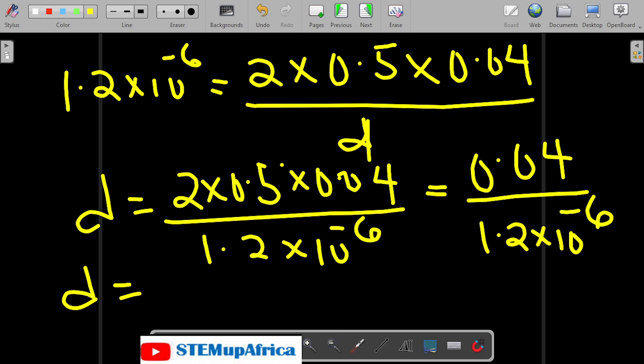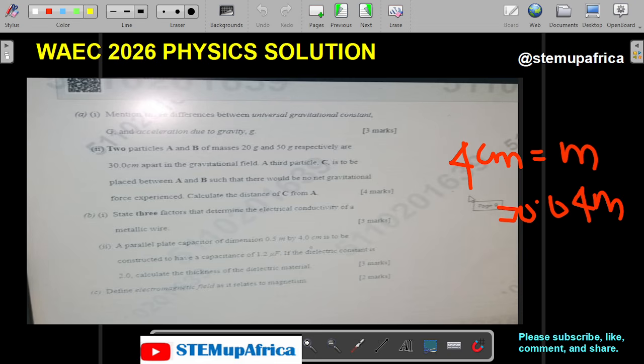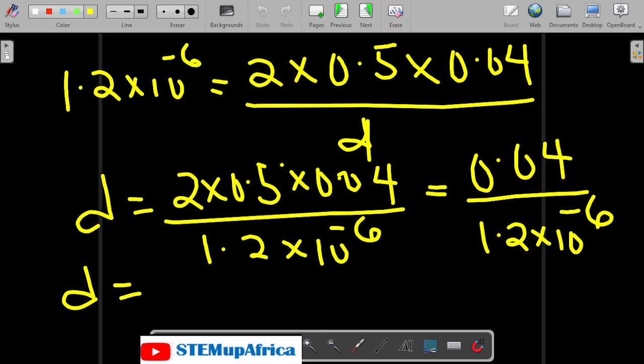3.3 times 10 raised to power of, what am I saying there? Okay, let me check the question again. They give us the permittivity of free space. Okay, so I need to include this 8.85 times 10 minus 12.